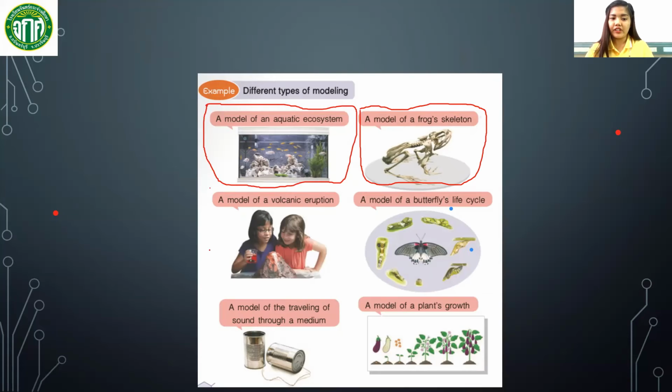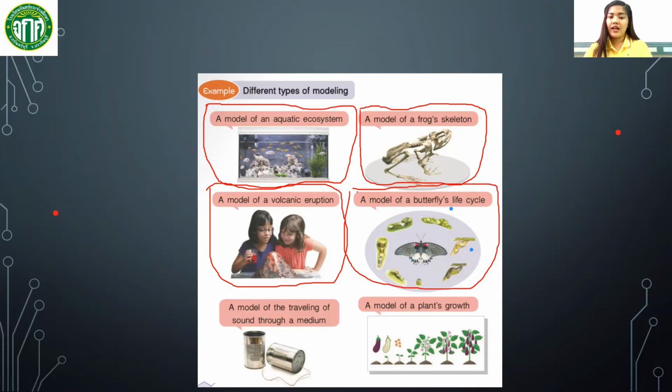Okay, so we have here students who made a model of a volcanic eruption. All right. The fourth one, we have a model of a butterfly's life cycle. So in here, we use a picture as a model of a butterfly's life cycle.